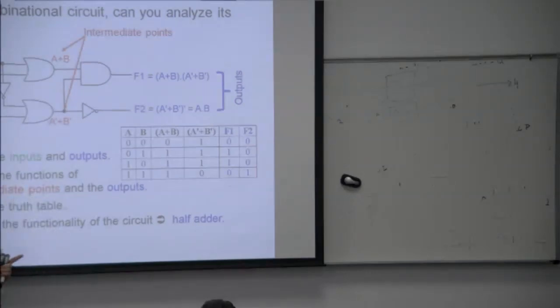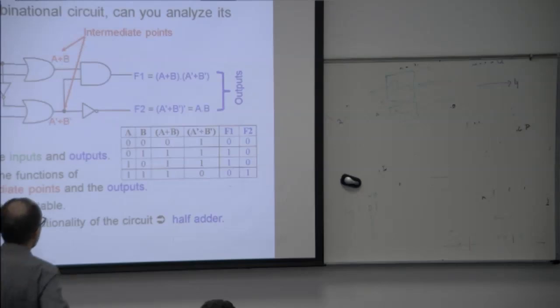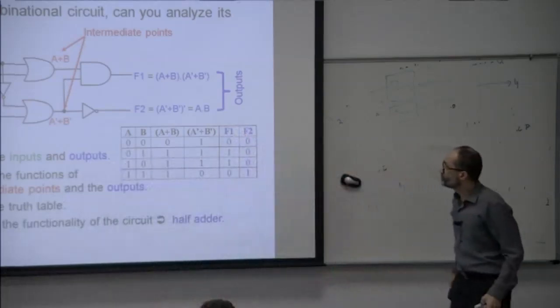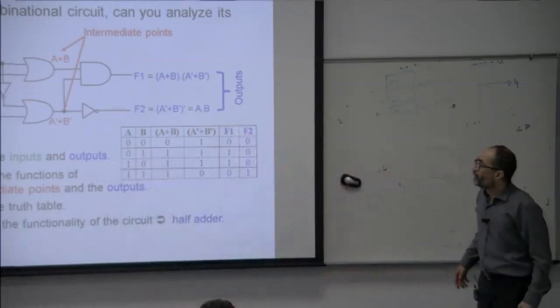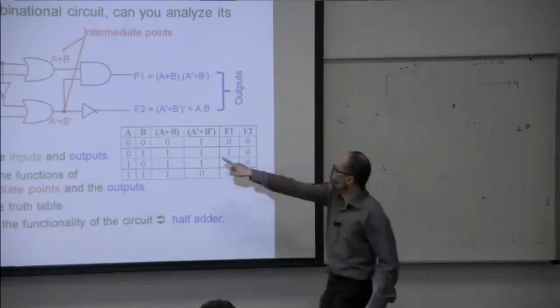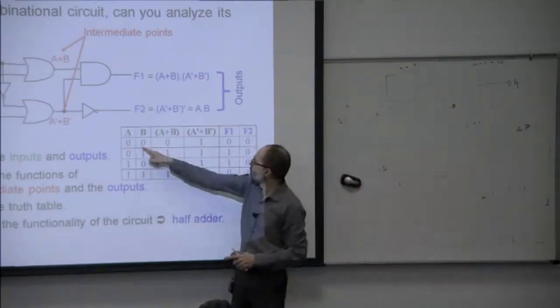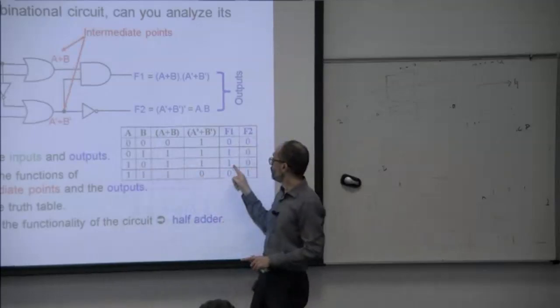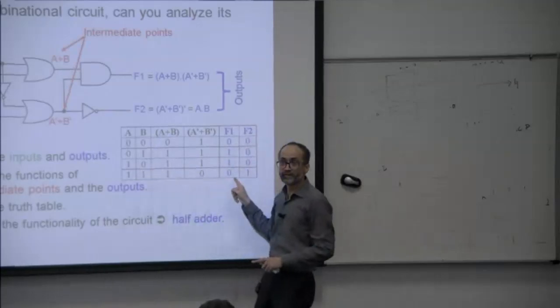Now we have this circuit. Identify what the function is. What's this circuit doing? Look at F1 and F2. F1 is exclusive OR. It's the sum of 2 bits. 0 plus 0 is 0, 0 plus 1 is 1, 1 plus 0 is 1, and 1 plus 1 is 0.